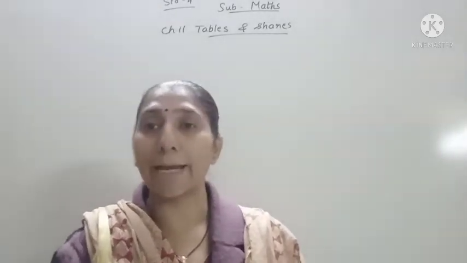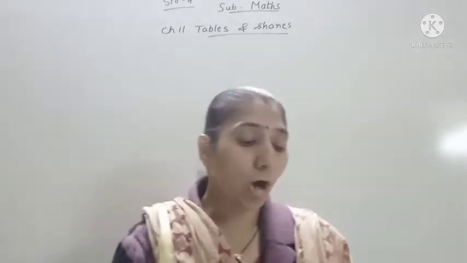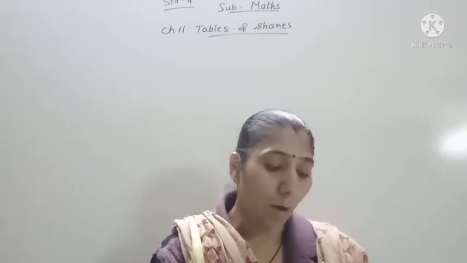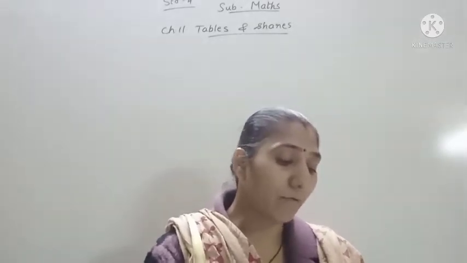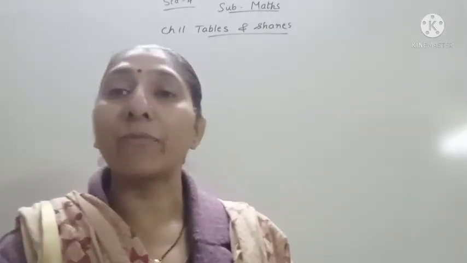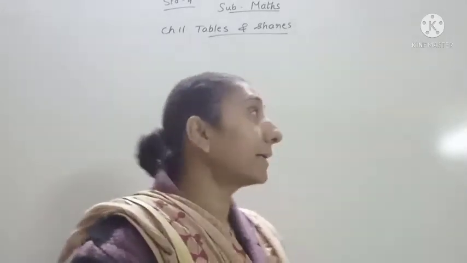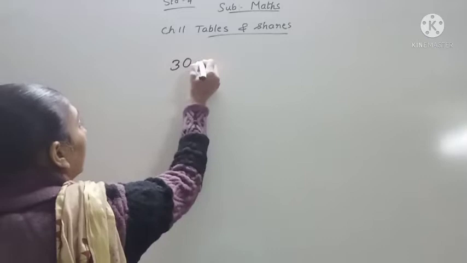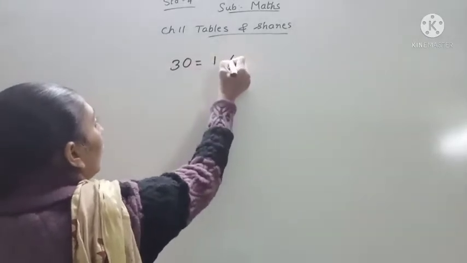How many rows can we make? Draw a shelf. How many jars will you keep in each row? How many rows are there? Have your friends drawn it in different ways? So in how many ways can we arrange 30 jars? Let us see. The first one is one row.